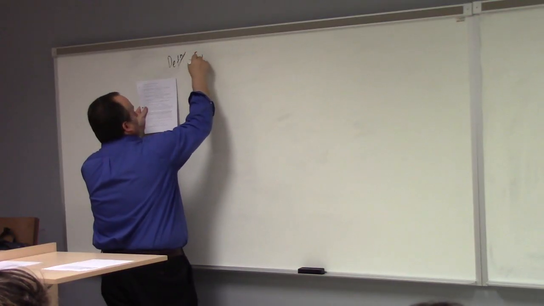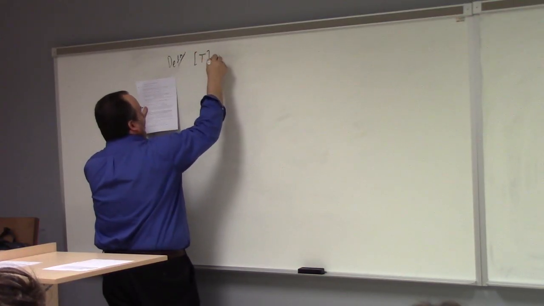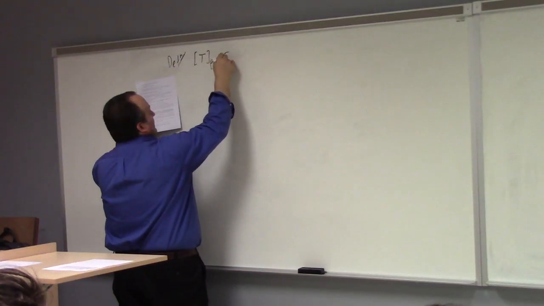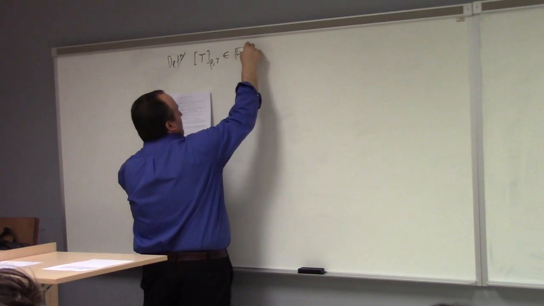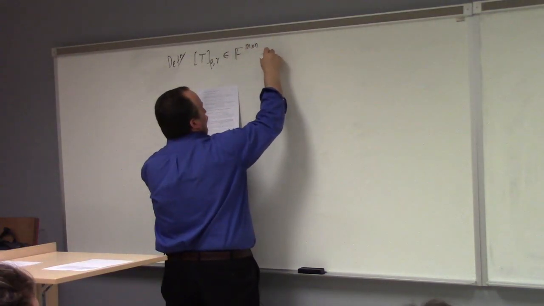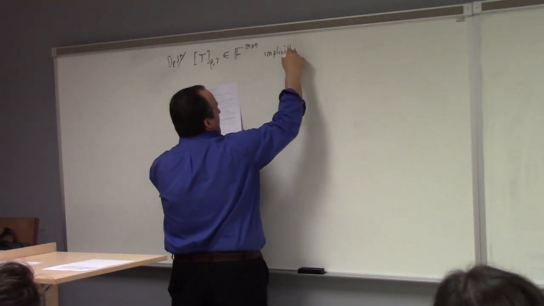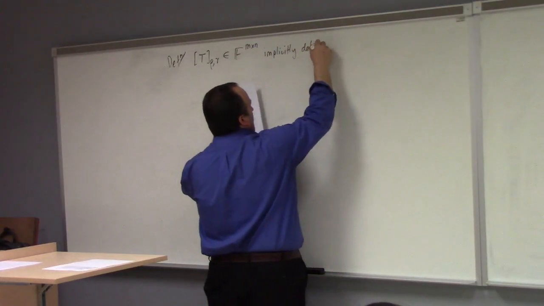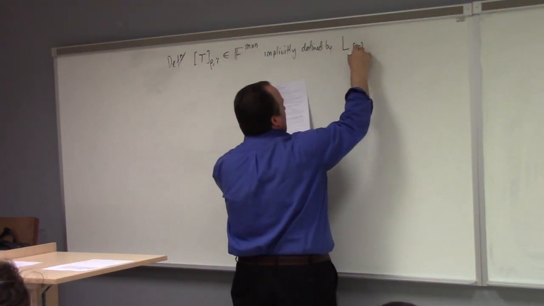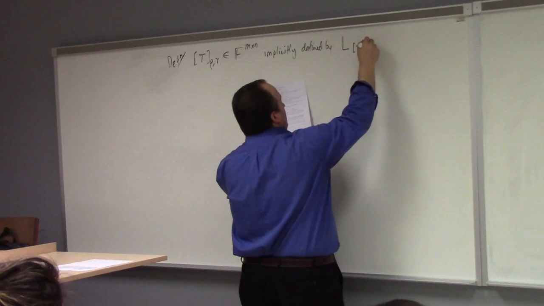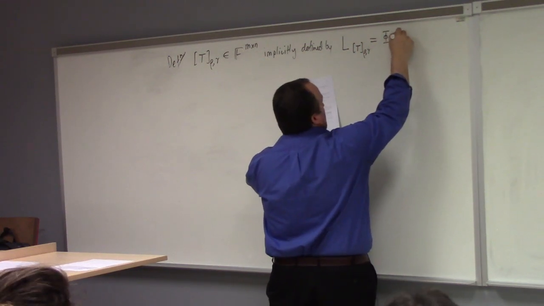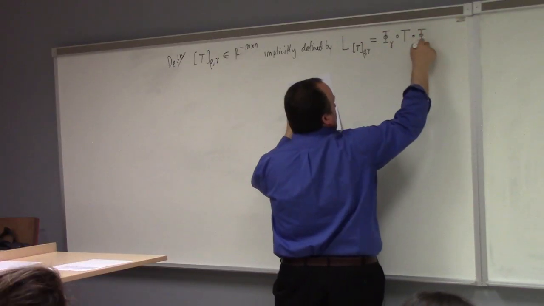I said that the matrix of a linear transformation, T beta gamma, is an element of F^(m×n), implicitly defined by L sub T beta gamma equal to phi gamma composed with T composed with phi beta inverse, all right?